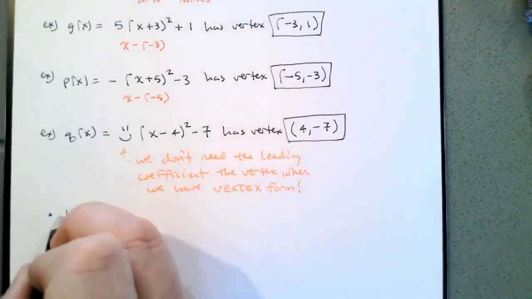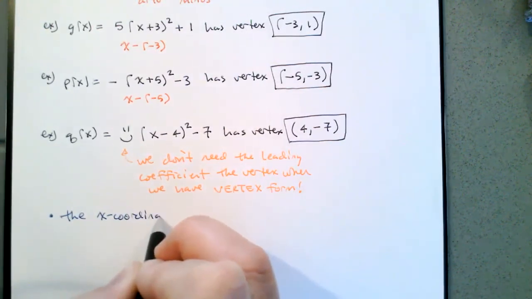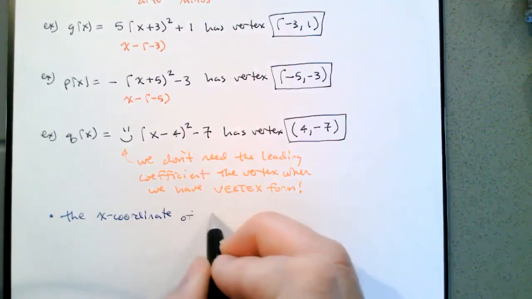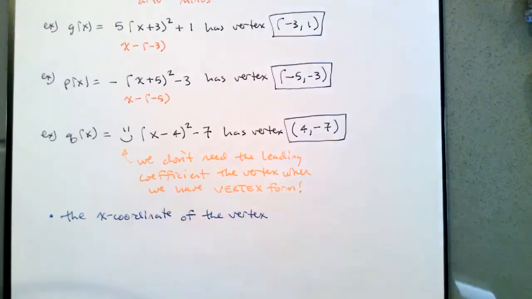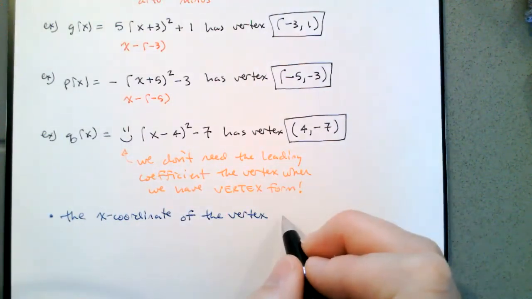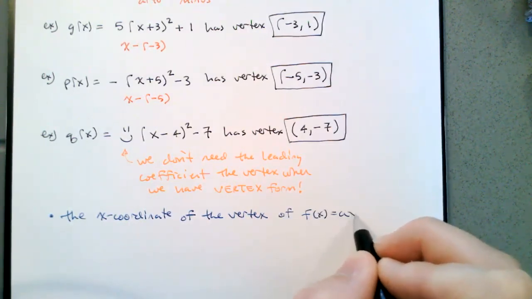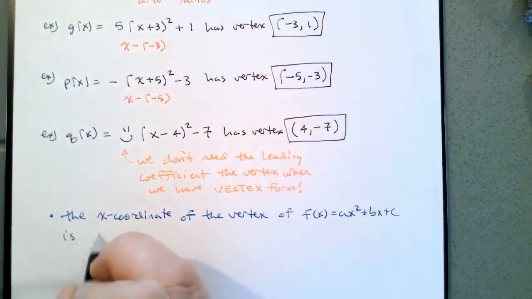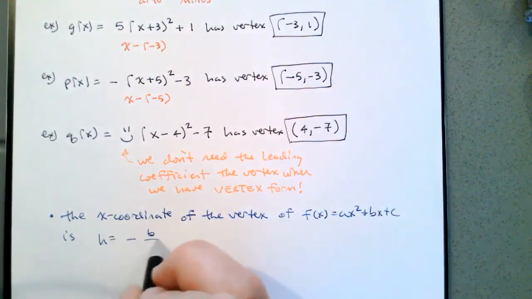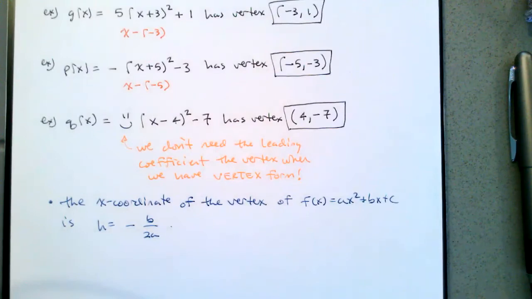The x-coordinate of the vertex of a quadratic function in standard form is negative b over 2a.